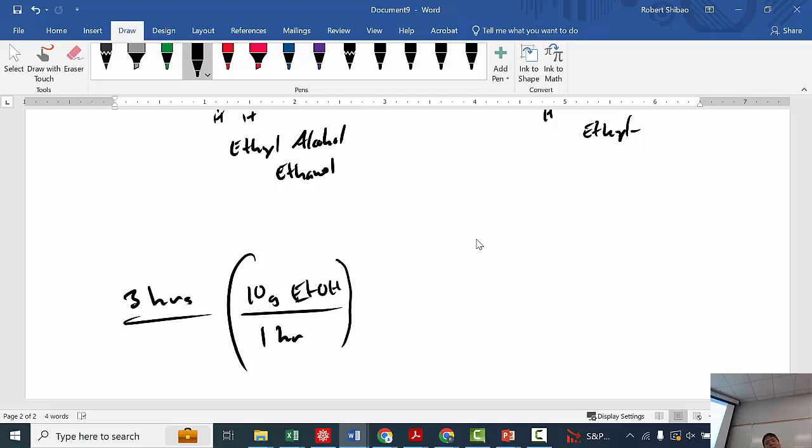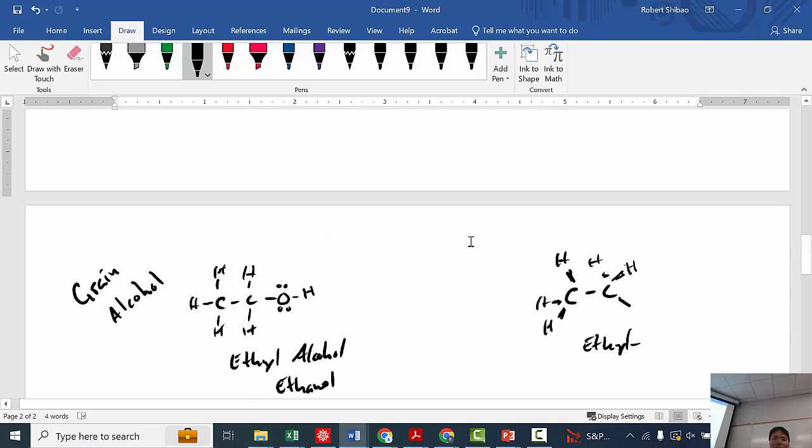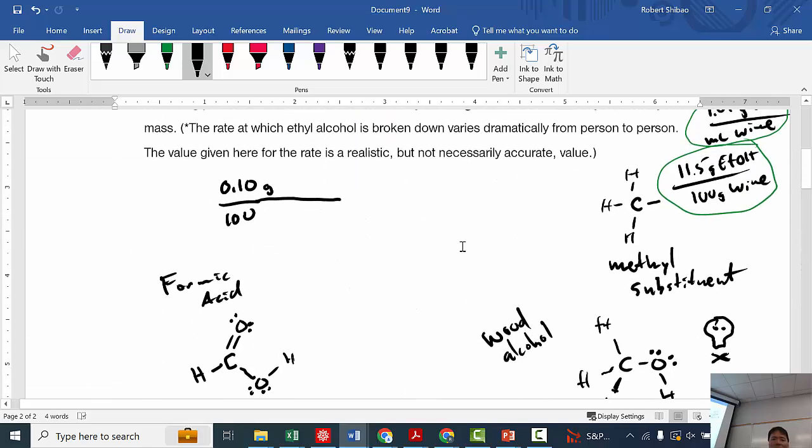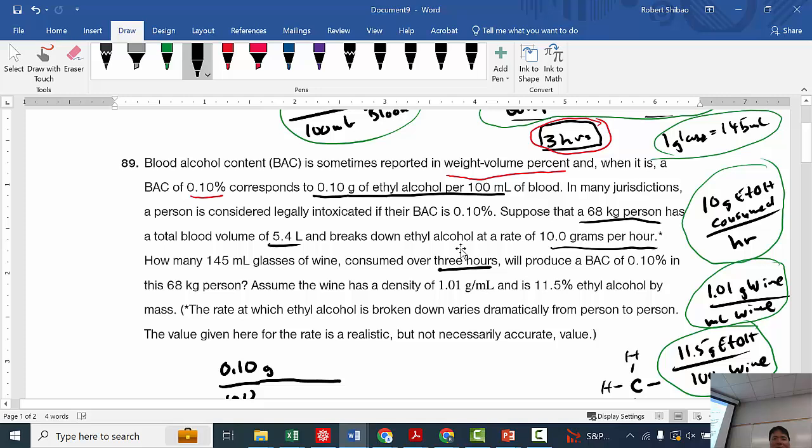If I really thought ahead on this, I probably wouldn't solve it like this, because this is going to tell me how many grams of ethanol are consumed in total. But I don't want to consume all that ethanol. I want to leave some ethanol left over. How much ethanol do I need to leave left over?